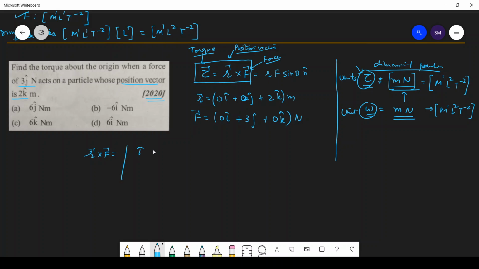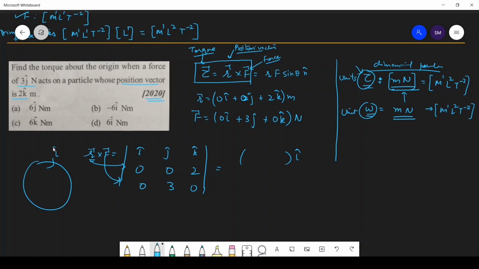That's equal to the determinant of i, j and k. First of all, write the components of r, x, y and z components: 0, 0, 2. What is the component of f? 0, 3, 0.